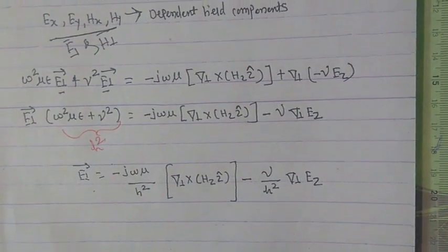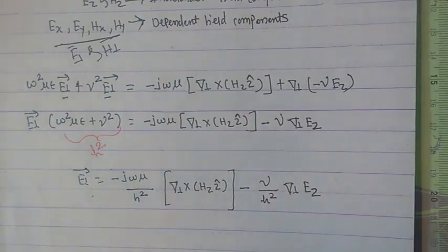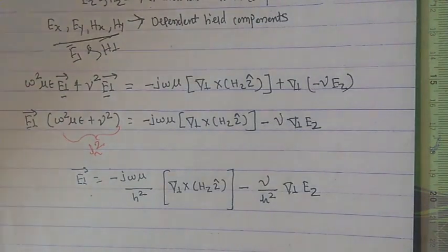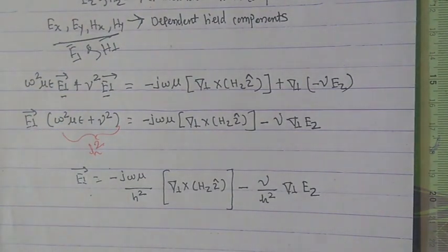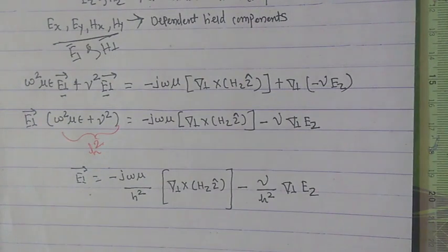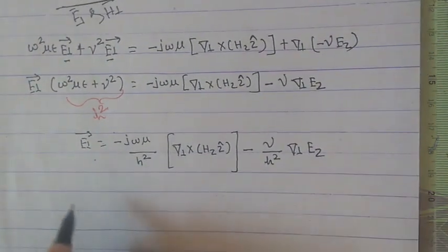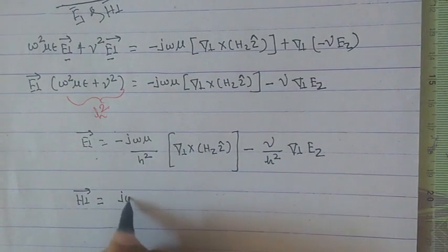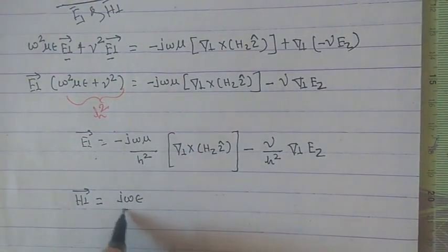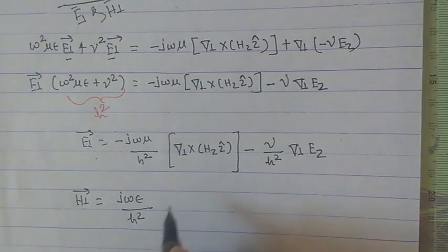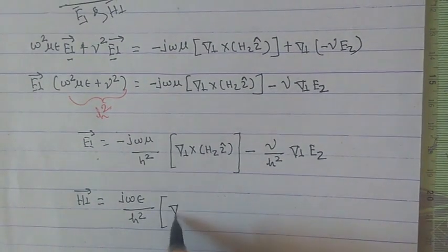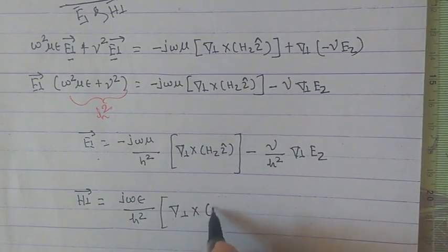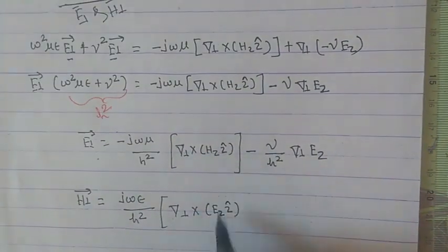Similarly, you can go back to the procedure. What we did was use H transverse in the equation of E transverse and solve for E transverse. You can just do the reverse. You can use the E transverse equation, equation B, in equation A and solve for H transverse, and following the same process you will obtain H transverse. That will be j omega epsilon upon h square del transverse cross Ez z.